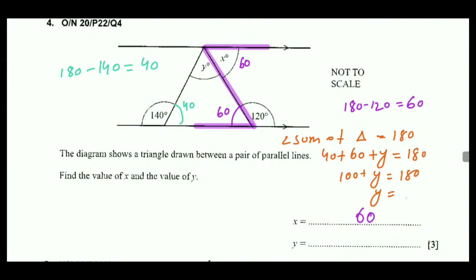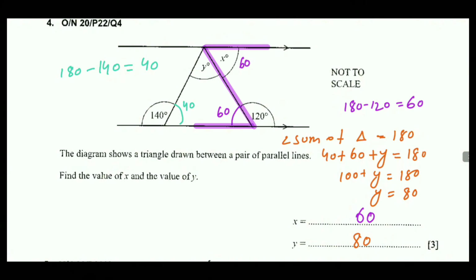So y is equal to 180 minus 100, that is 80. So y is 80. So this is the way we can solve this question by using different properties. In this question we have used the alternate angle property and the angle sum of triangle property.